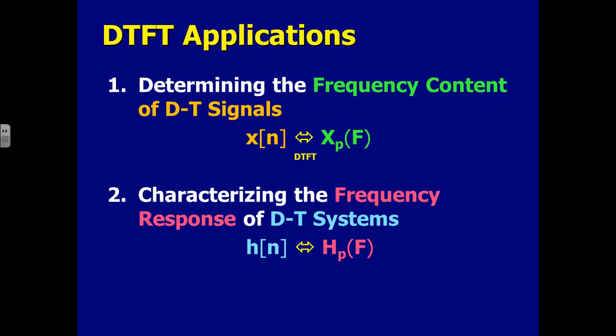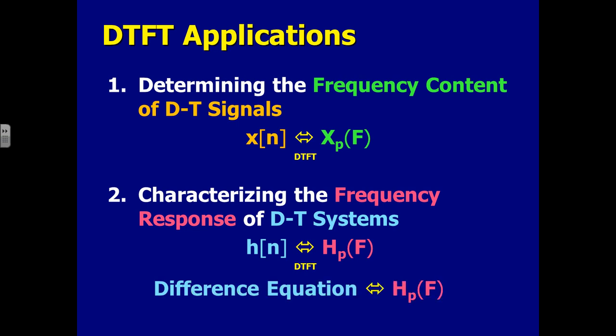And we can arrive at that either by directly taking the transform of the unit sample response, or we can actually derive the frequency response directly from the difference equation by transforming the equation term by term and rearranging it. And we'll look at that next time.